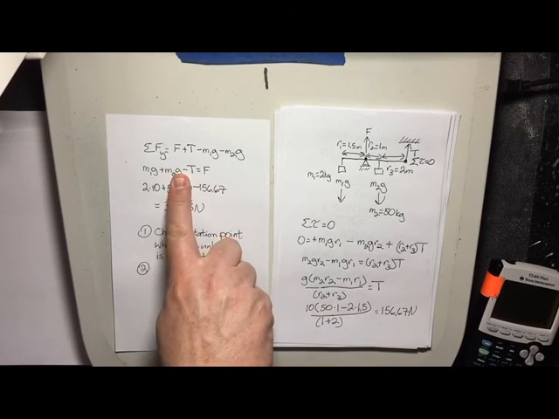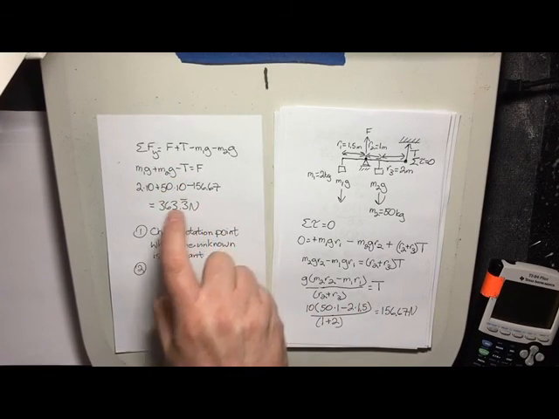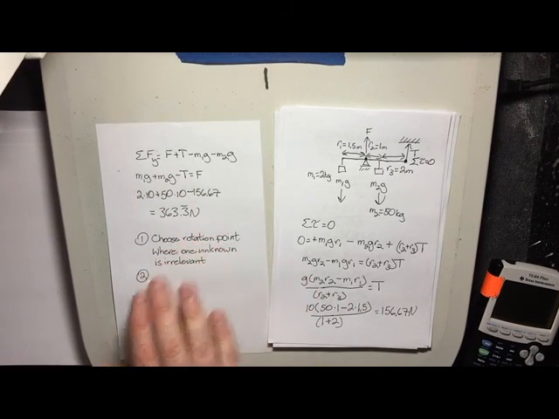The advantage of this, in my opinion, is summing vertical forces is a lot easier than summing torques. Either way, I would get the same answer. But I'm pointing out to you how to do this quickly, which is the name of the game for tests.